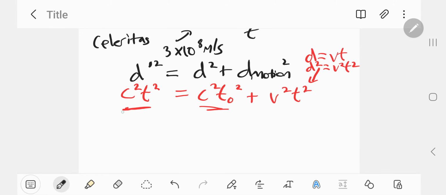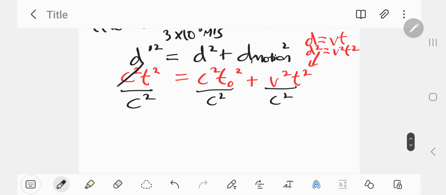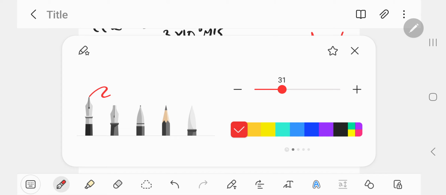Now, let's divide both sides of the equation by c squared, because whatever you do to one side, you have to do to the other. The c squareds cancel out here, and we're left with this.